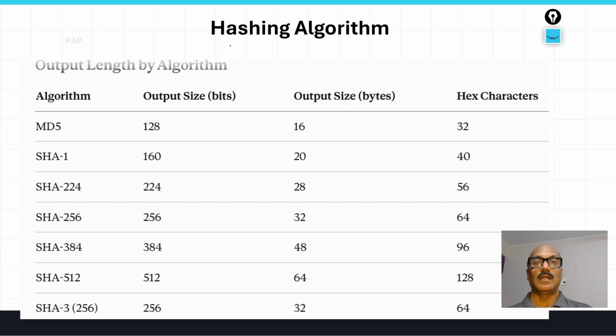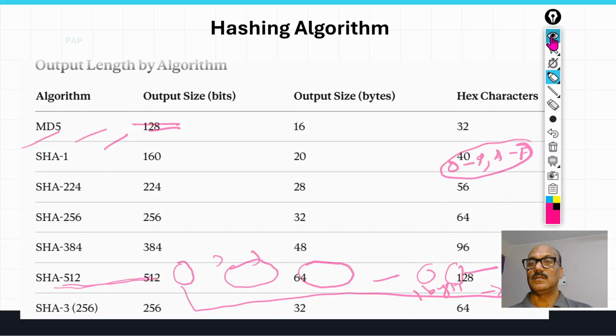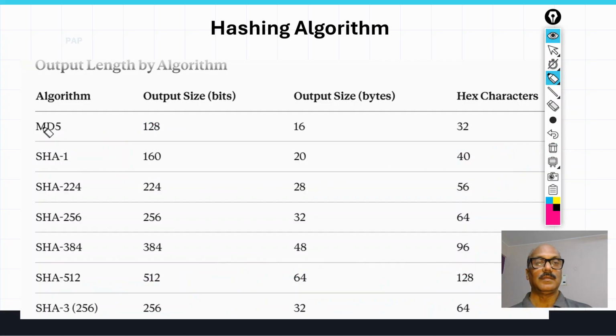Now, the hashing algorithm was initially MD5, message digest 5. These are the algorithms, which take the input and convert variable input into fixed output, right? So these were a series of algorithms developed over a period of time.